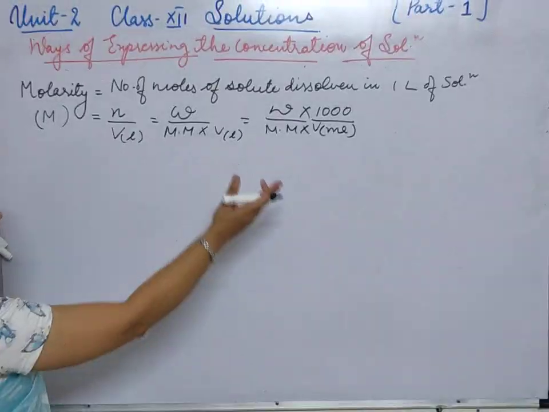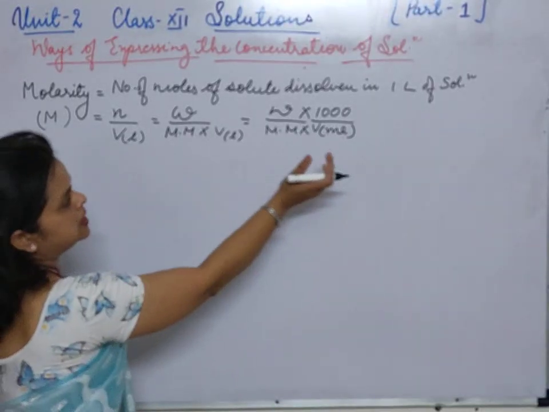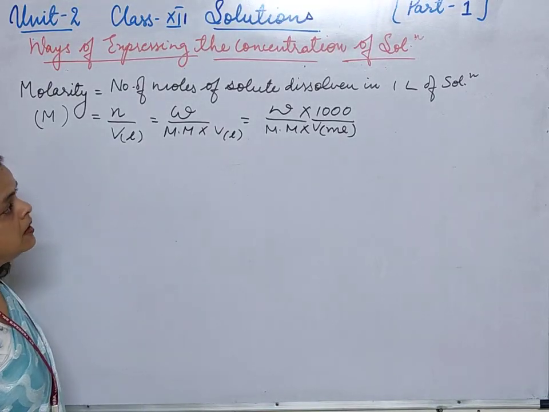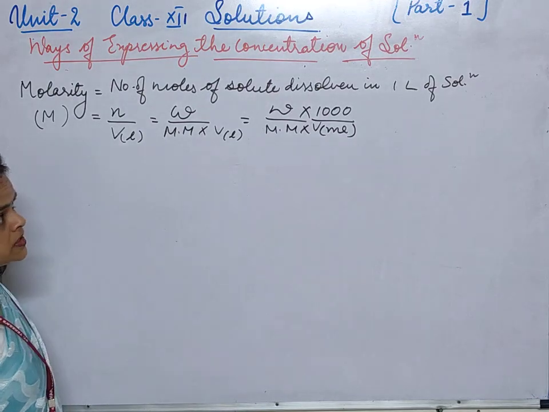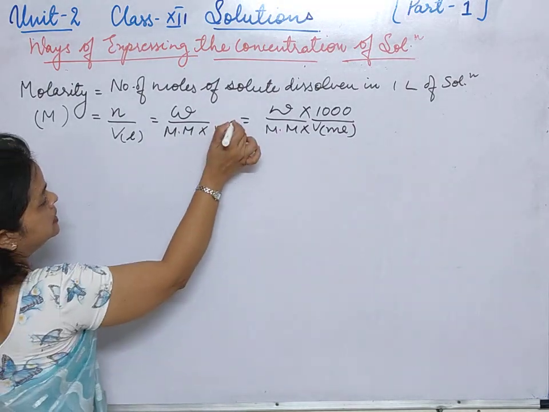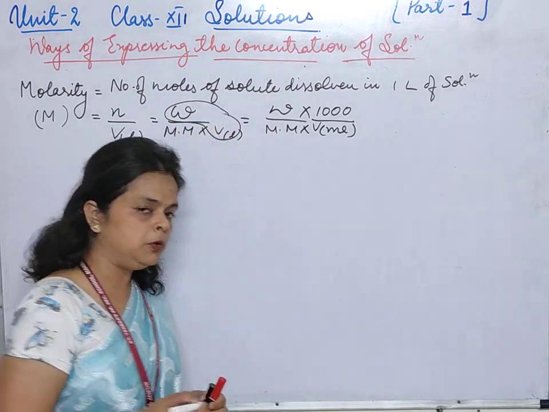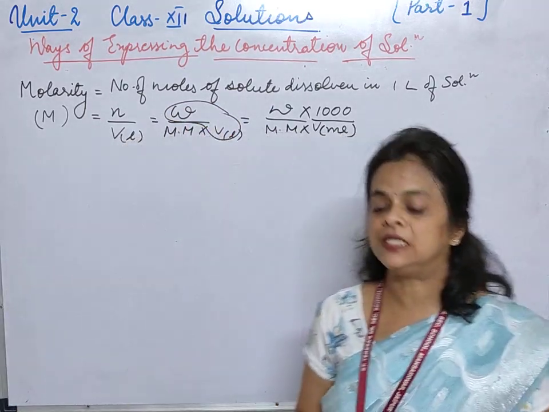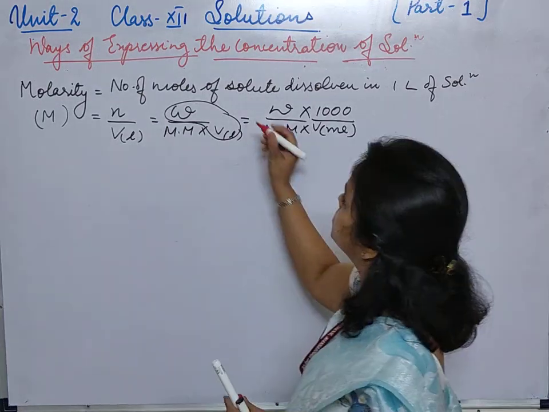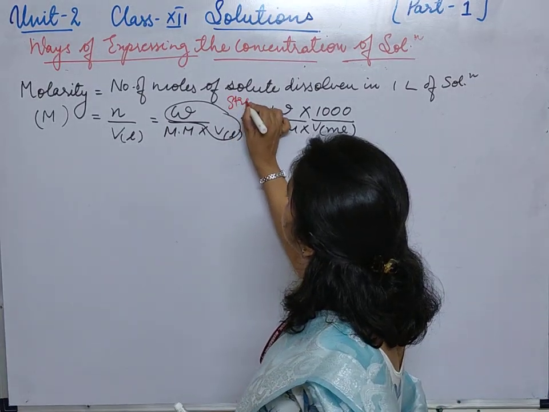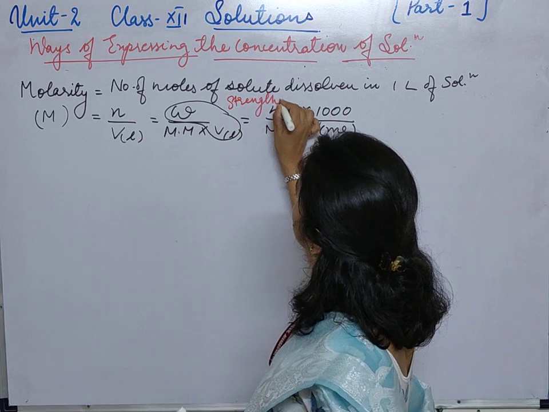Okay, so here we just made a little bit of changes in the formula. Now students, one thing more: this W by V ratio is actually representing the strength of the solution. So what is the strength of the solution?